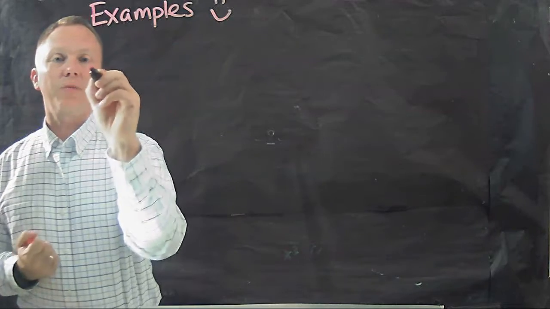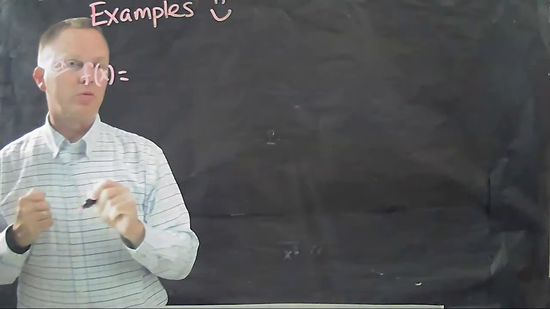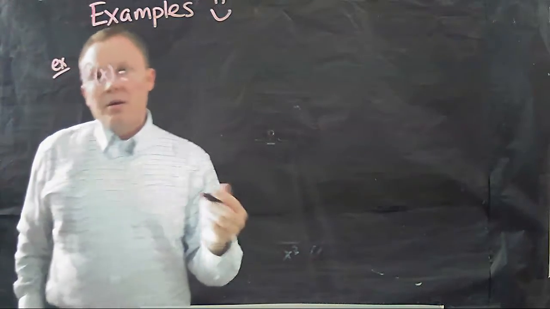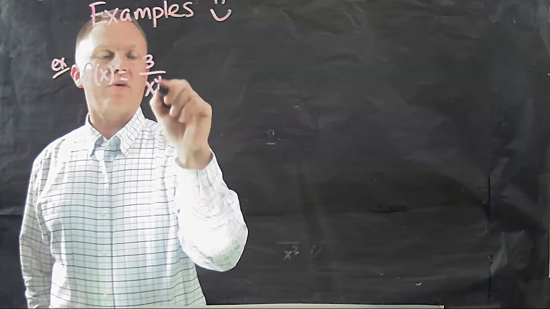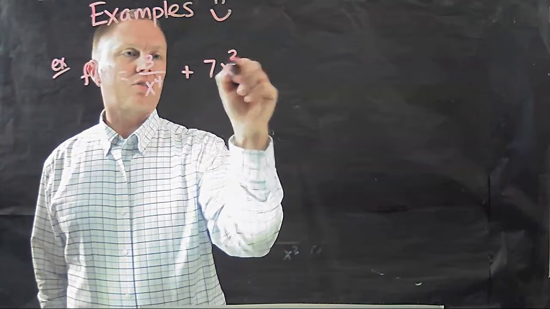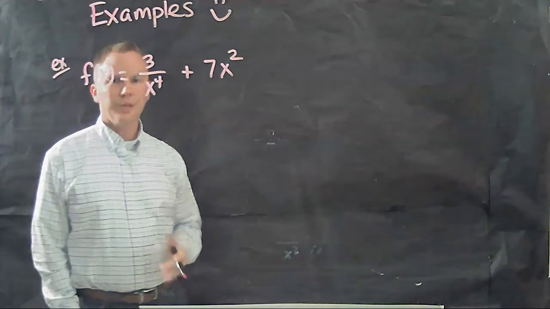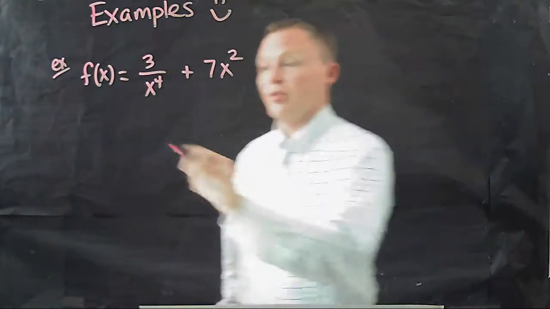So first example, how about f of x is equal to 3 over x to the 4th plus 7x squared. Okay, two functions added together. So we're going to just take the derivative.